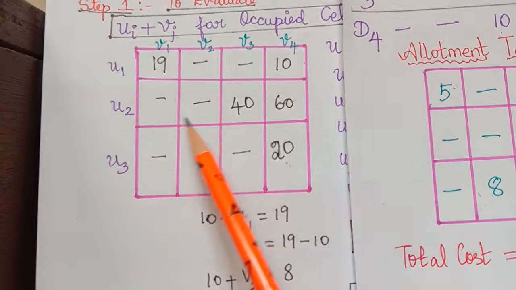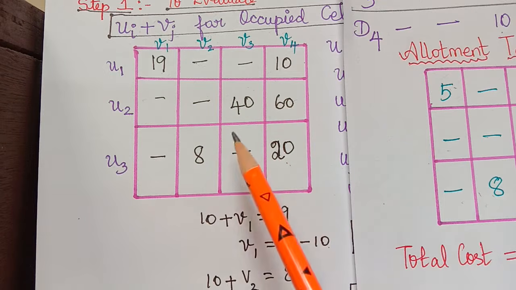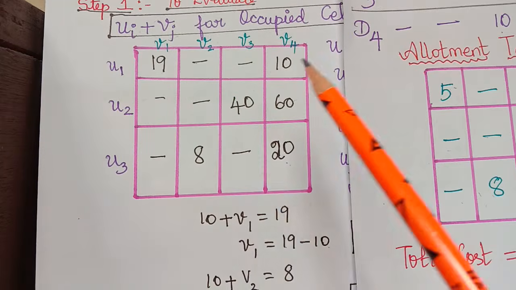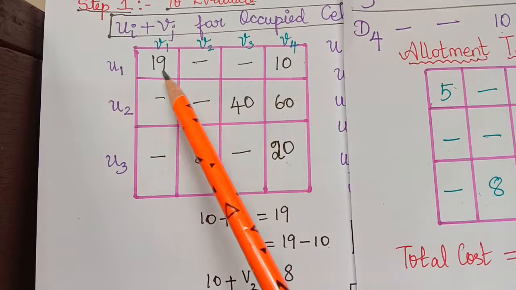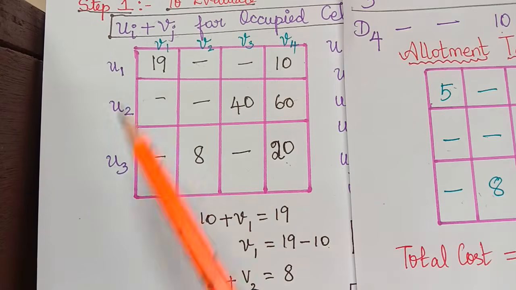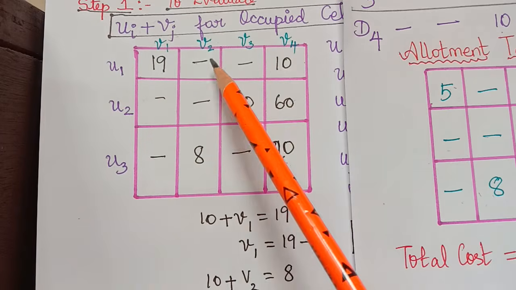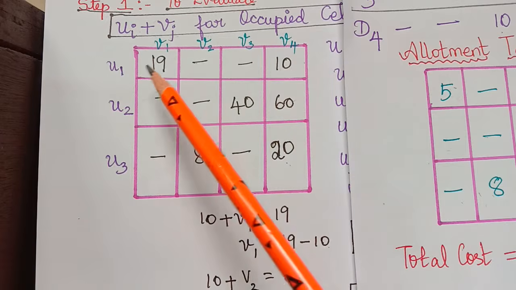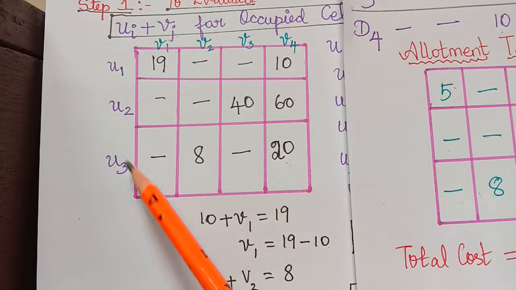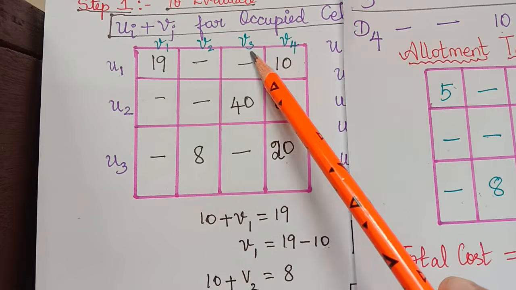They have to be hyphenated, and the occupied cells have to be replaced by the original cell value, which is known as ui plus vj. Now after doing so, the rows have to be named as u1, u2, u3, and the columns have to be named as v1, v2, v3, v4. That is, these are ui's where i takes the values 1, 2, 3, and these are vj's where j takes the values 1, 2, 3, 4.